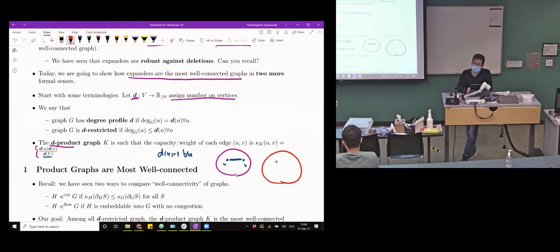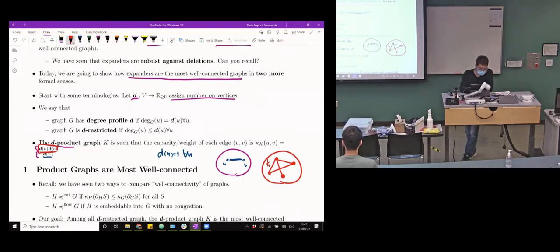Everything has the same weight and same capacity, with the scaling down. Yeah, so it's just a complete graph, because for every two nodes you have an edge, and they have the same weight because the weight of every node is the same, but you scale down every edge by 1 over n.